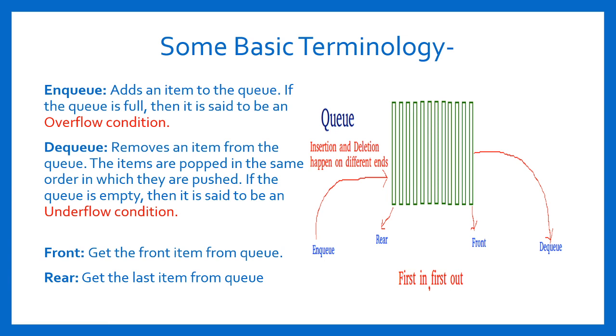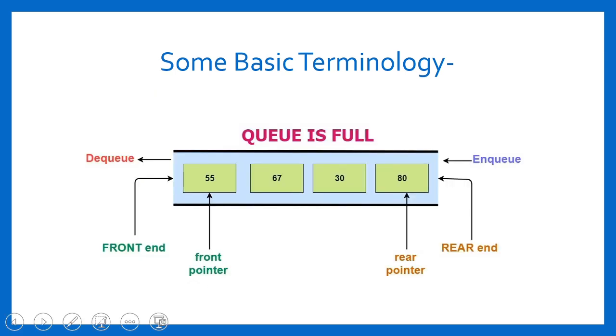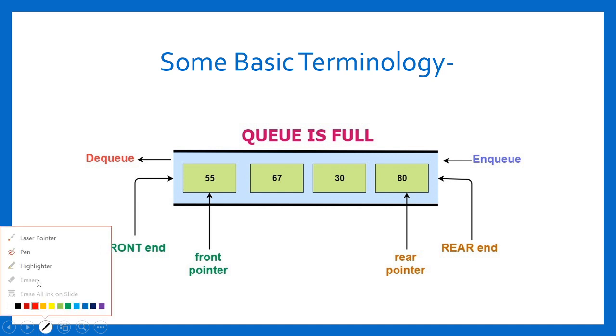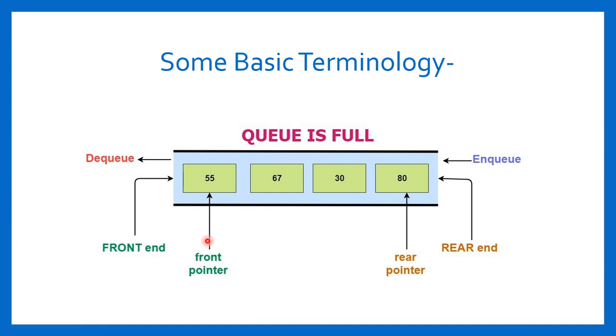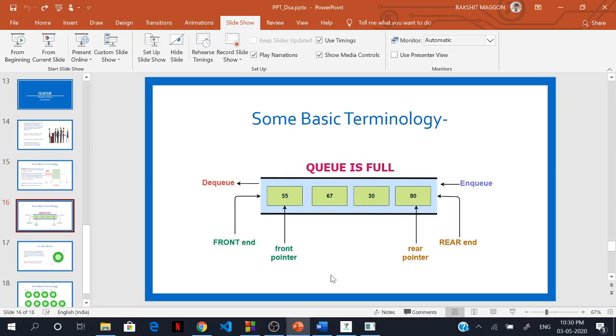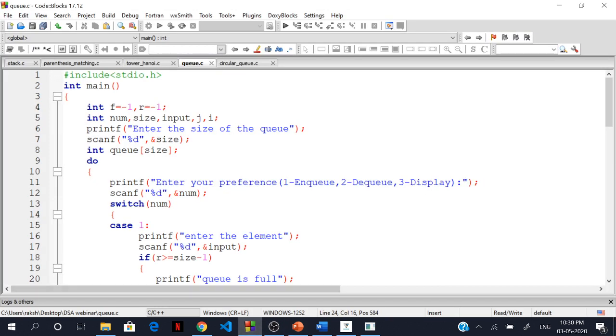During an empty queue, the front pointer and the rear pointer are both equal to -1. That means whenever the queue is empty, the front pointer will be -1 and the rear pointer will be -1. So let's go with the code now.